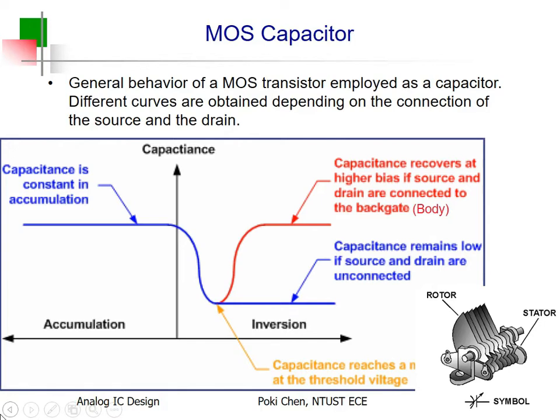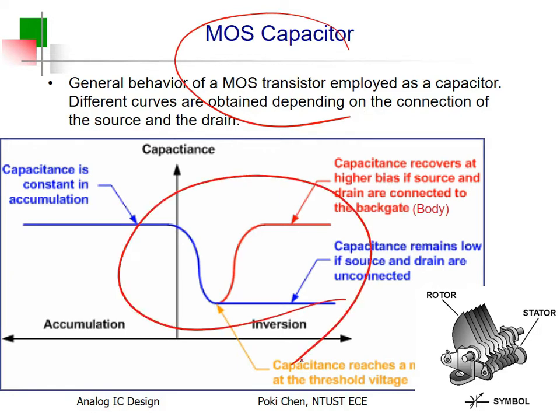But it is also bad because this is the most capacitance. It looks like that. Even though it can generate the most capacitance, however, the capacitance is not constant.